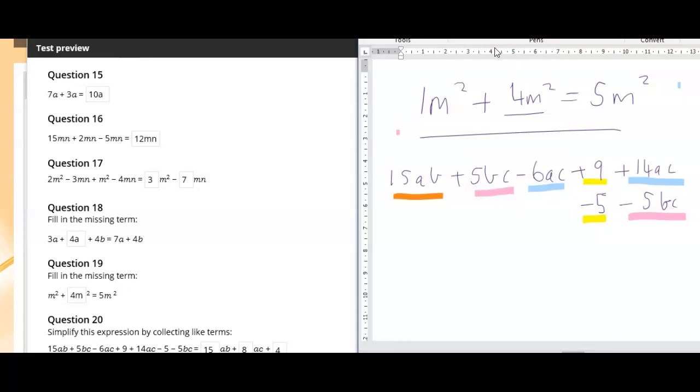Okay, so if we're writing them in order, I'm just having a look at the answer. We've got our AB first, so 15AB. There's no other term with an AB, so we just leave it as 15AB. Our BCs actually cancel out because we've got 5 BCs minus 5 BCs.